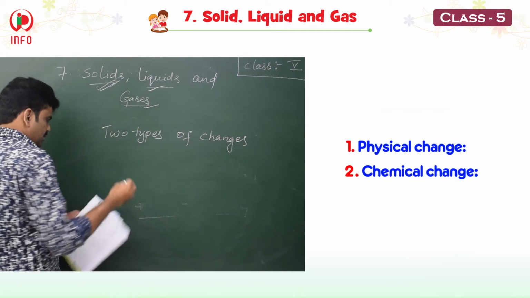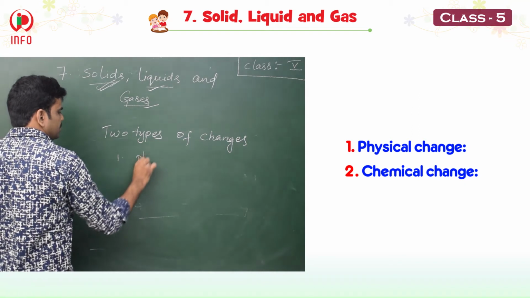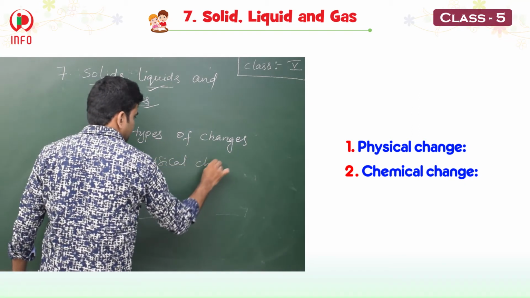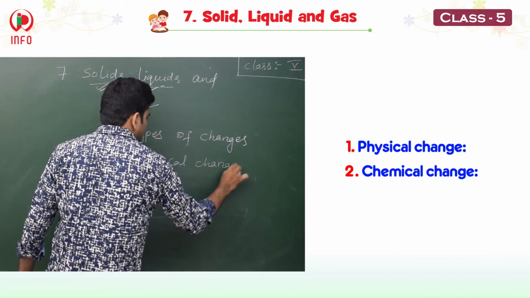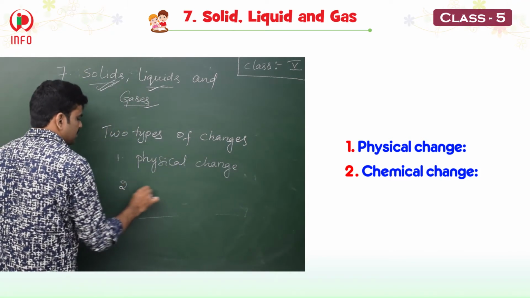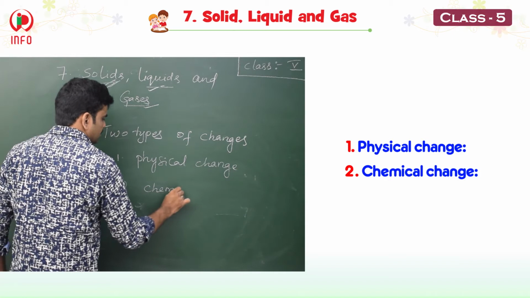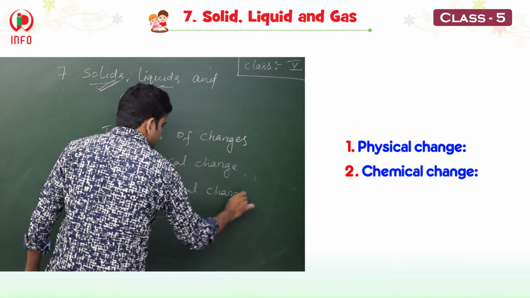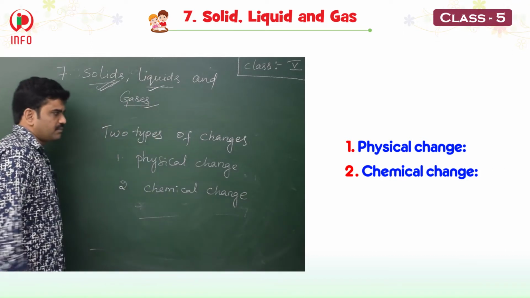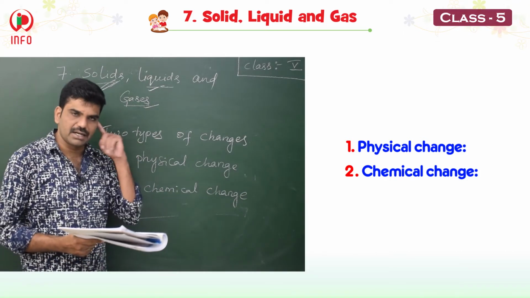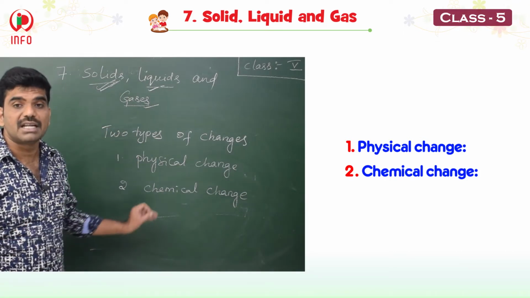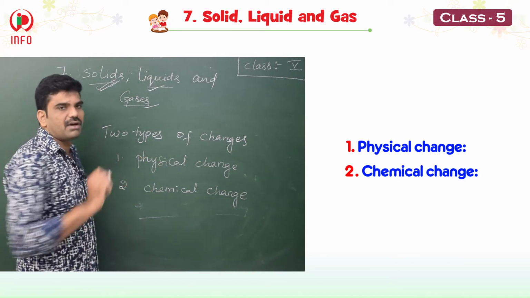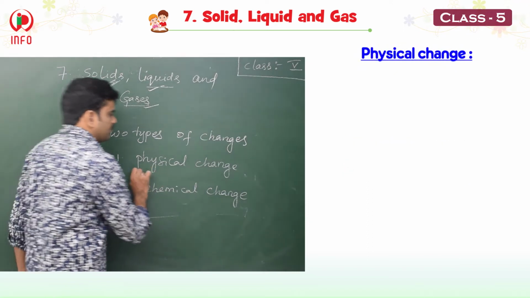One is physical change, and the second one is chemical change. So two types of changes, children: one is physical change, second one is chemical change. First of all, we will learn the physical change.